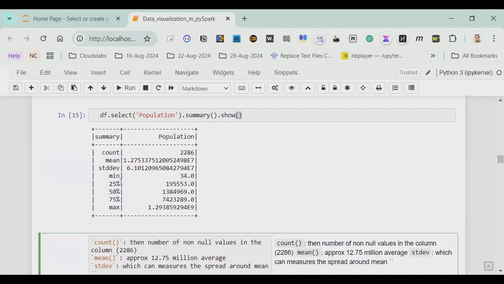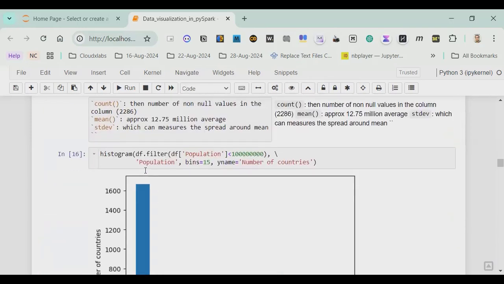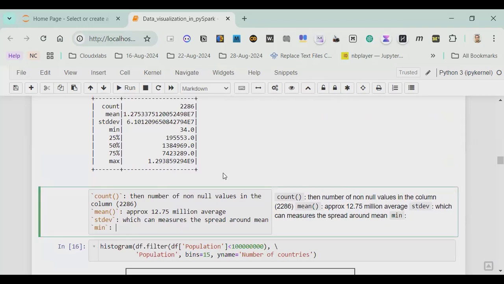6.10. So that is what we got here. Now the next option: obviously the minimum, this is very clear. Out of the total population, what is the minimum value? Minimum value is 34. You can see we got 34, right?